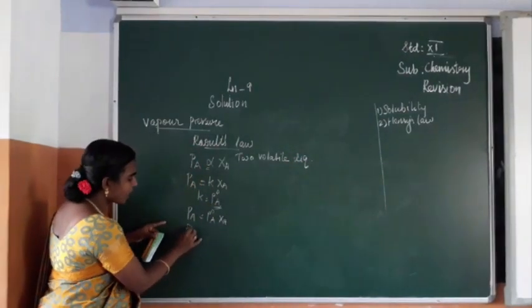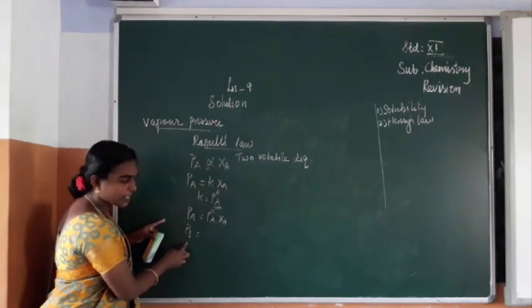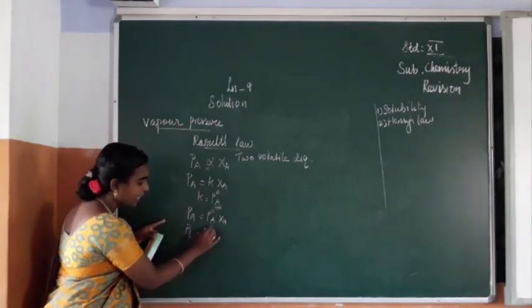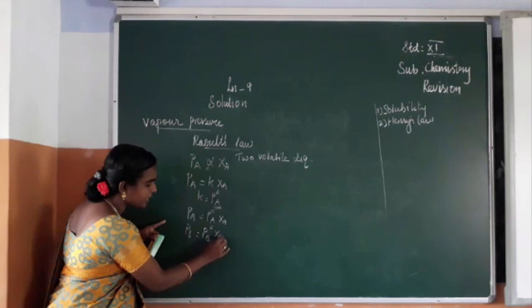Next, for the other component, the partial pressure of component B, we can write P0B into Xb.